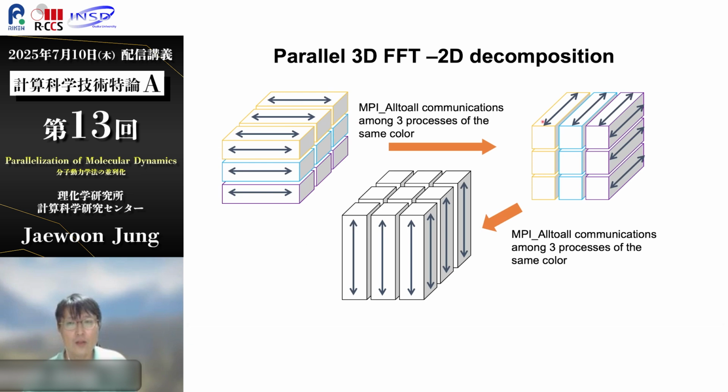And to perform FFT in this direction, we need to perform MPI alltoall communication. So in this sense, we need two communications, but the number of processors involved in the communication is not so high. Even though we consider 9 processors, we can consider communication only among 3 processes.